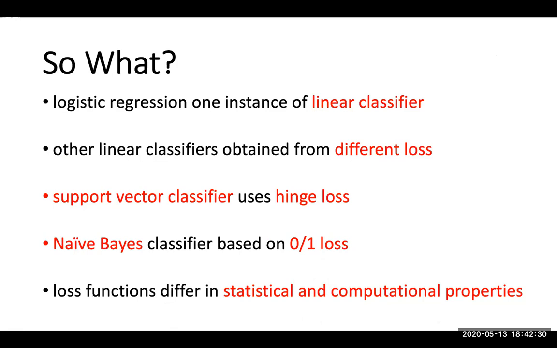So from a statistical point of view, minimizing the 0-1 loss is optimal under a certain probabilistic model. However, this comes at the price of more computation required to minimize the 0-1 loss. In contrast, the logistic loss is differentiable and convex, so we can minimize it using relatively little computational resources.